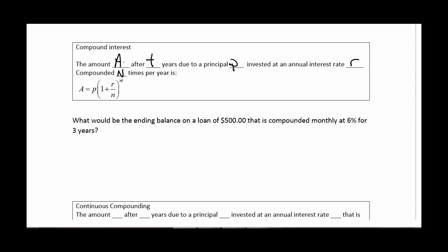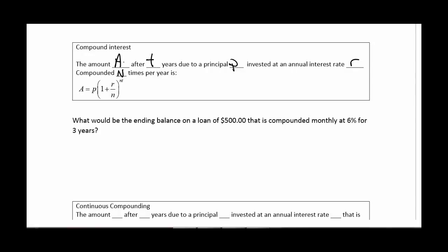Well, they're not just going to look at your account once a year. They're going to look at it so many times in that year. So if they compound semi-annually, that's twice. If they compound quarterly, that's 4 times. If they compound monthly, that's 12.